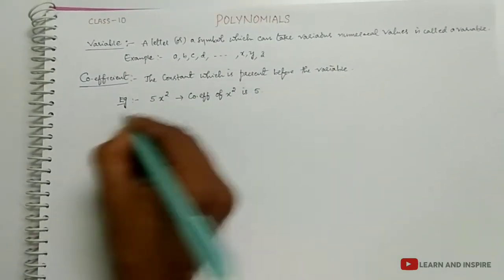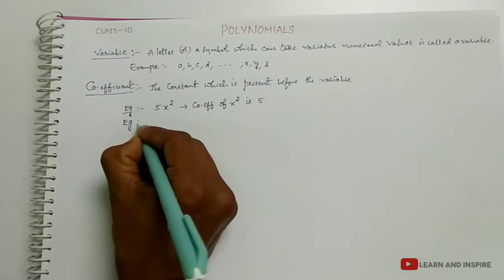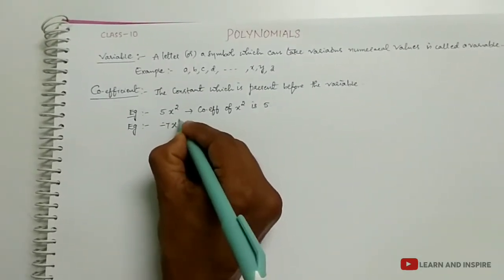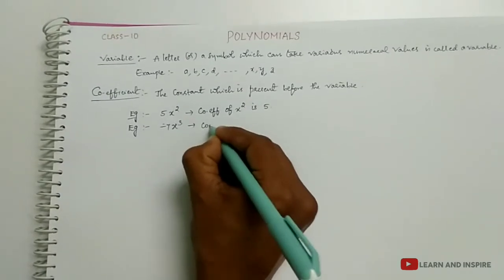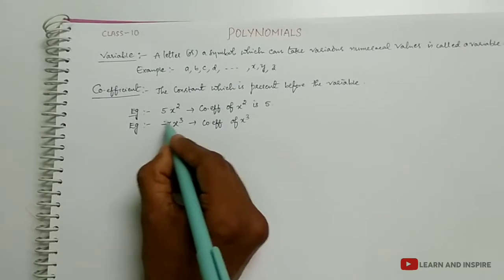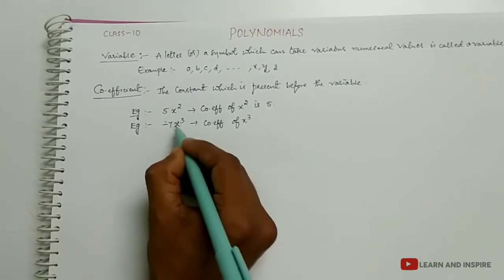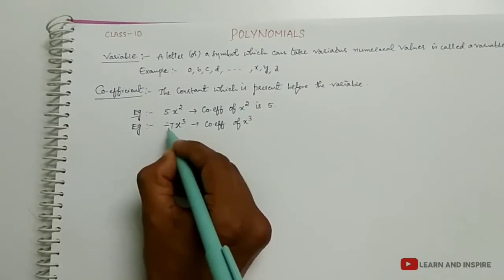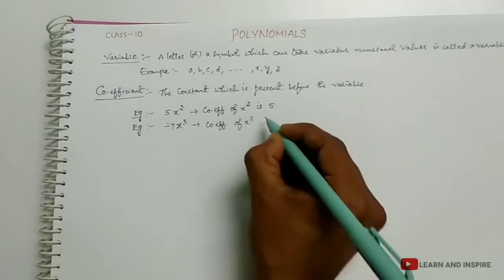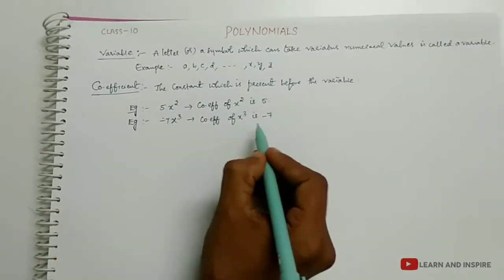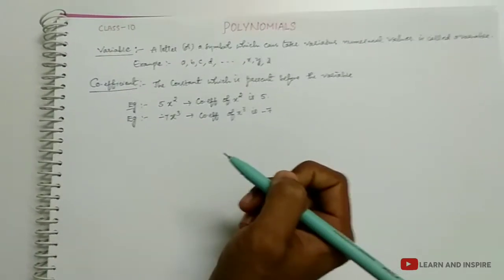We'll see one more example, minus 7x cube. What is the coefficient of x cube? x is the variable, and the constant before the variable is minus 7. We have to represent the symbols also. Minus 7 is the coefficient of x cube.